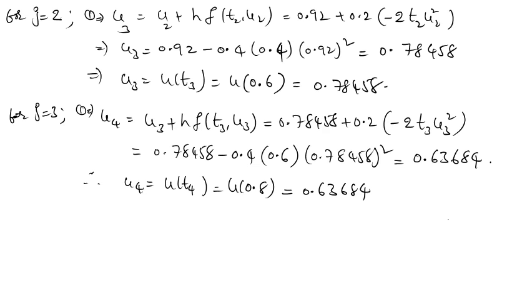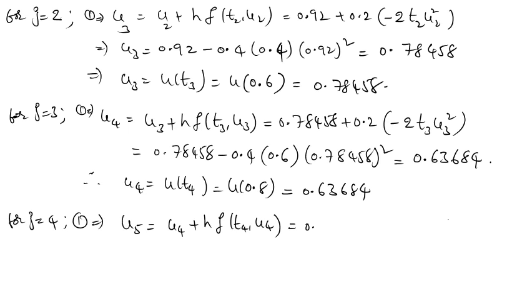Similarly, for j equals 4, the final one, equation 1 implies u5 equals u4 plus h into f of t4, u4, that is 0.63684 plus 0.2 into minus 2 t4 u4 square.